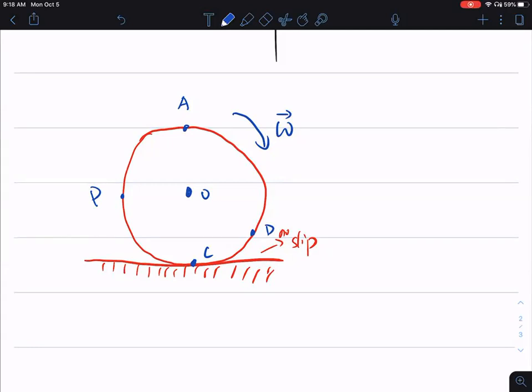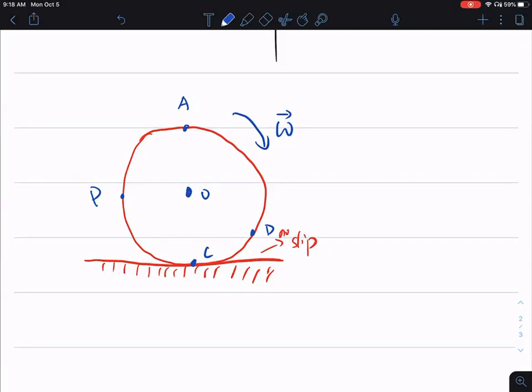How do we use instant center? Okay, first thing I can use instant center to find out is the direction of velocity of any points on this rigid body. So what is the direction of velocity at point A? We know the instant center. Can we find out direction of velocity?